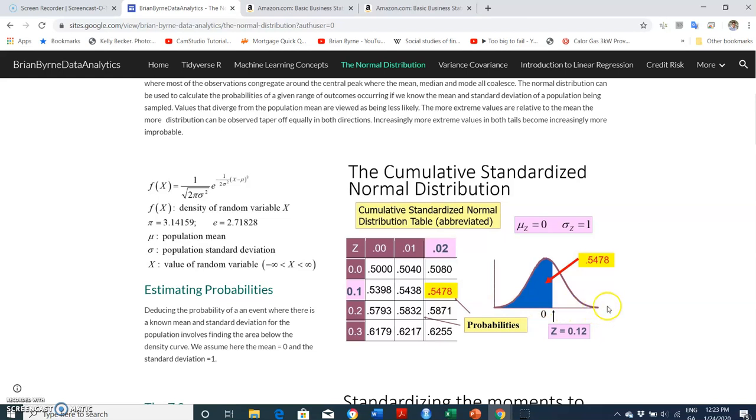So if we go out to the extreme tails, we tend to observe those outcomes much more rarely.